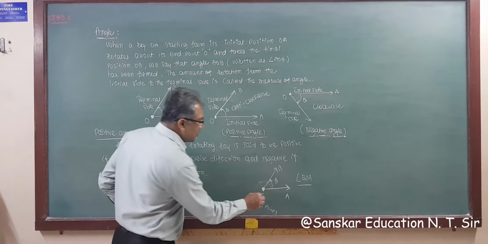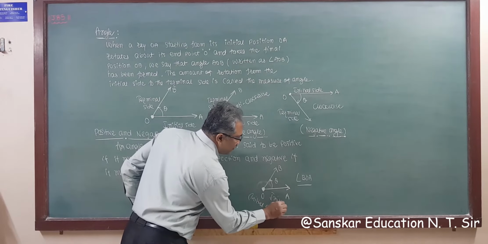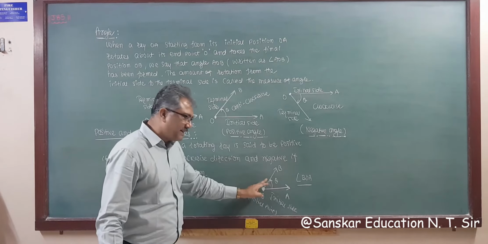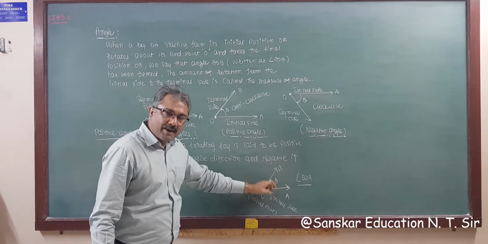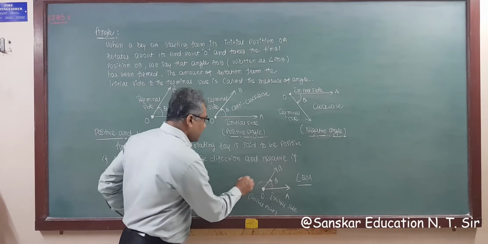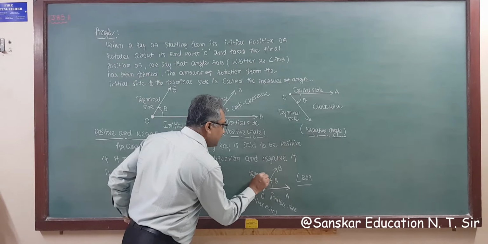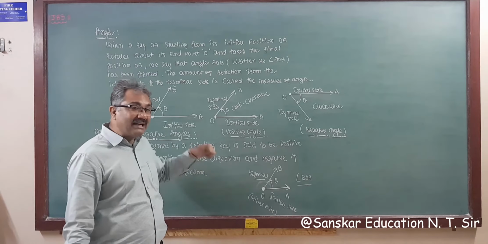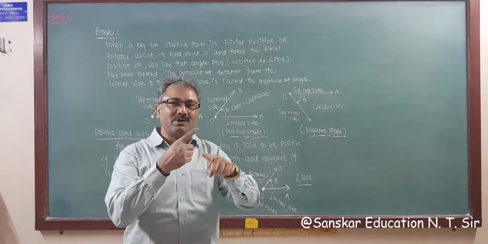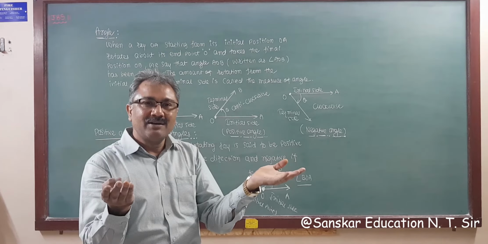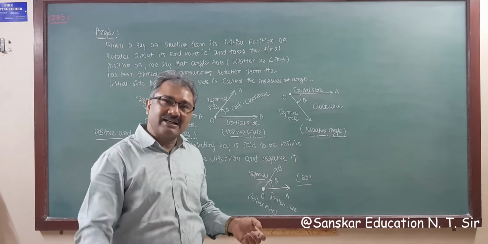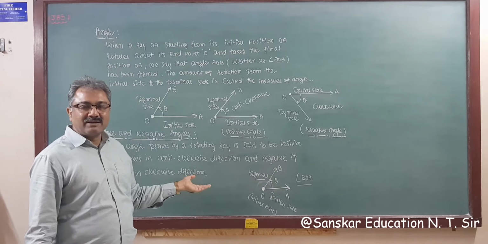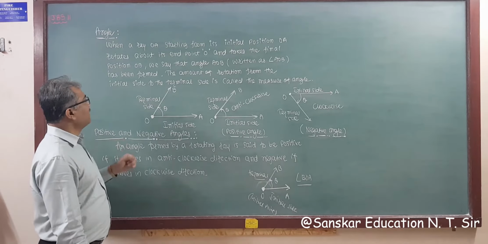The amount of rotation from the initial side to the terminal side. So this is your initial side. The amount of rotation, that is this theta here, is the amount of rotation from the initial side to the terminal side, and this is your terminal side. It is called the angle. So this is the definition of 11th standard. In earlier classes you learned that the union of two rays with the same initial point is called the angle, but here the angle depends on the rotation, the direction of the rotation.